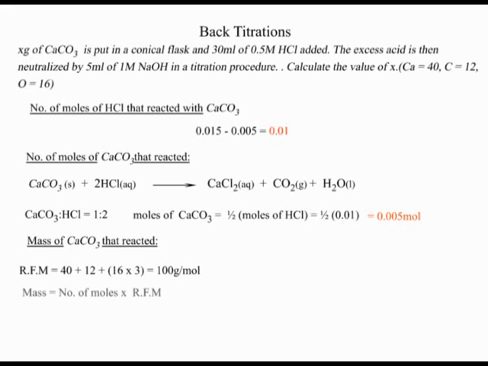Mass will be equal to the number of moles times the relative formula mass, and that is 0.005 times 100, giving us 5 grams. And so 5 grams of calcium carbonate is what had reacted with hydrochloric acid.